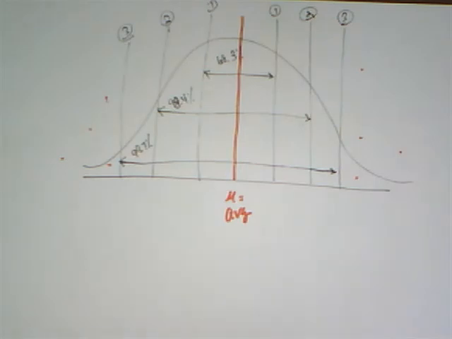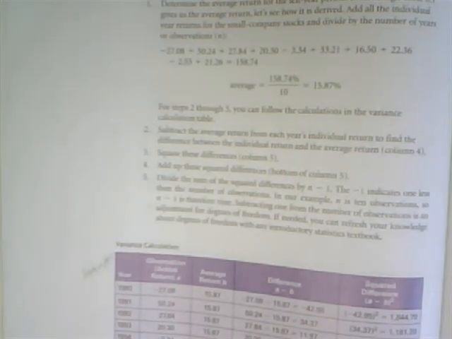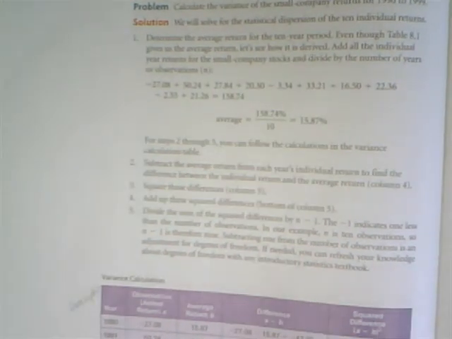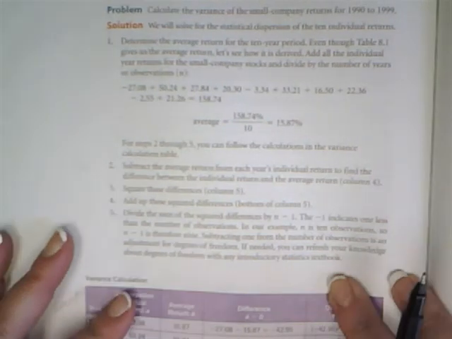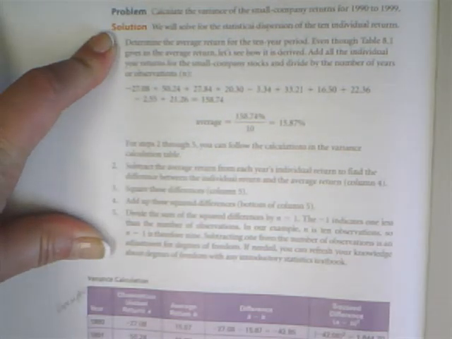Now you should read the steps on page 218. There's a whole set of steps here. You look up here at the top. It's not very clear on the video, but you should be using your book with this as well. So you have these steps here that you should memorize.